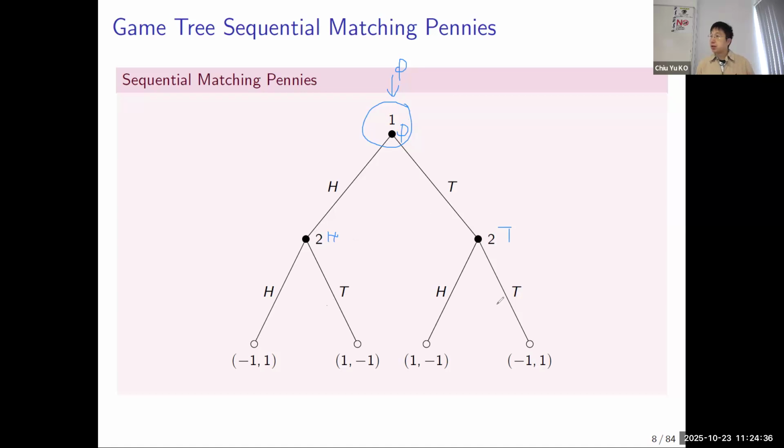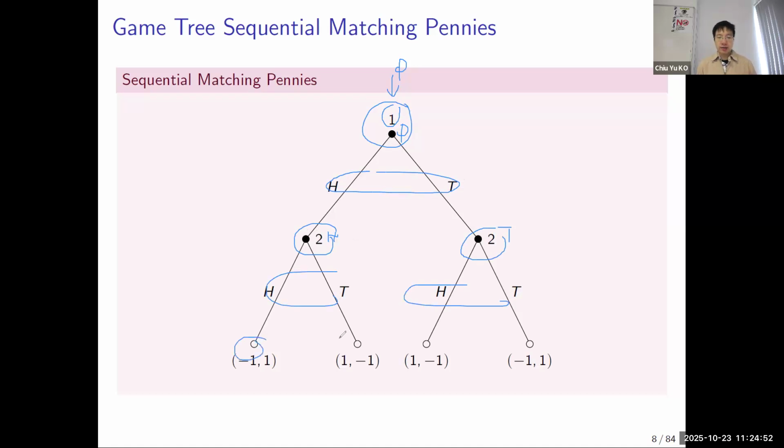So everything is there. For every history, you tell who is moving: player one is here, player two is here, player two is here. And the branches are all the actions available at each point in time.